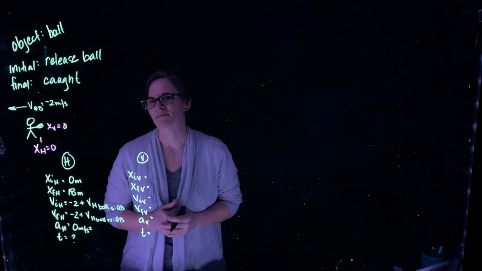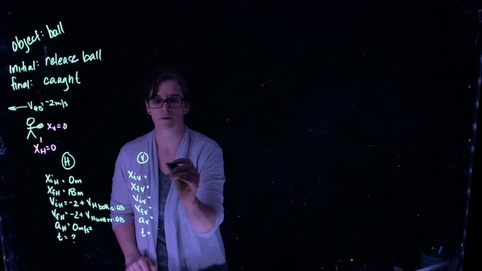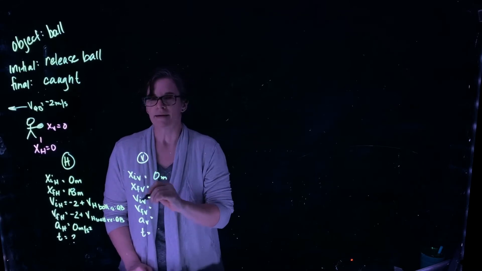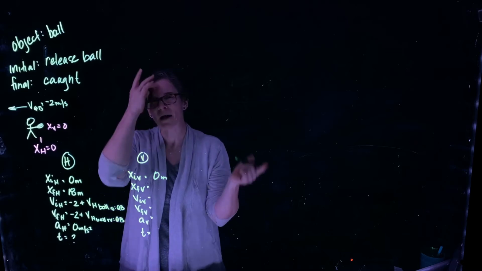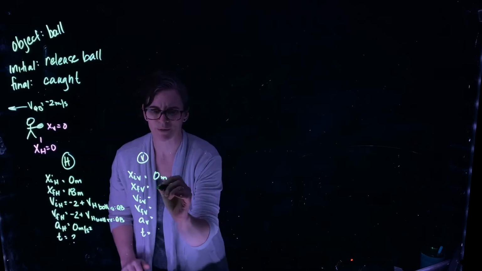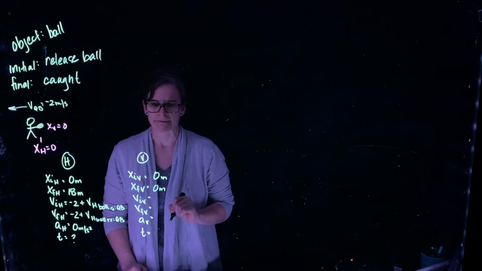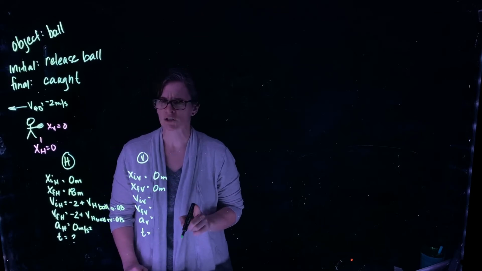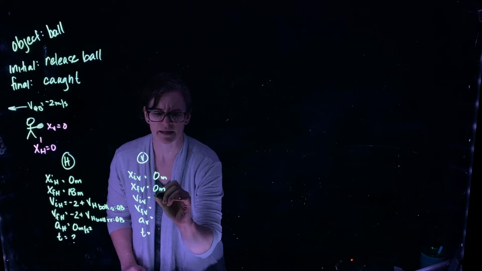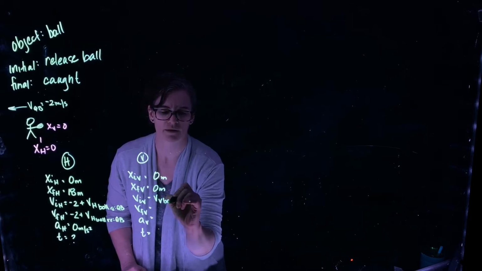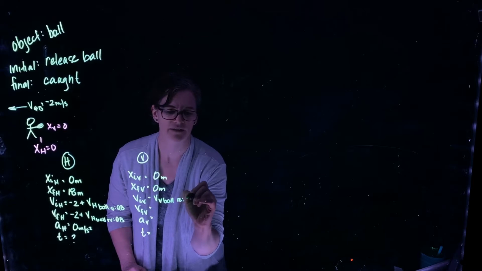What about vertically? Well, the ball starts at the origin because that's where I've defined the origin. It says it's caught at the exact same height that it was thrown, so it's also caught at the origin if it's caught at the same height. We don't know the initial vertical velocity, but this is going to be the vertical component of the ball. And again, that's relative to the quarterback.